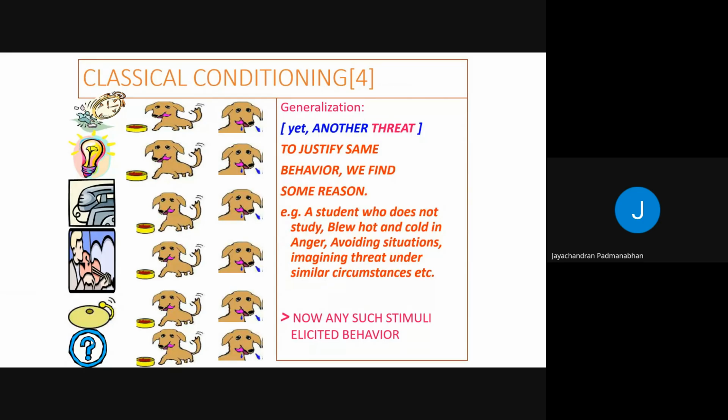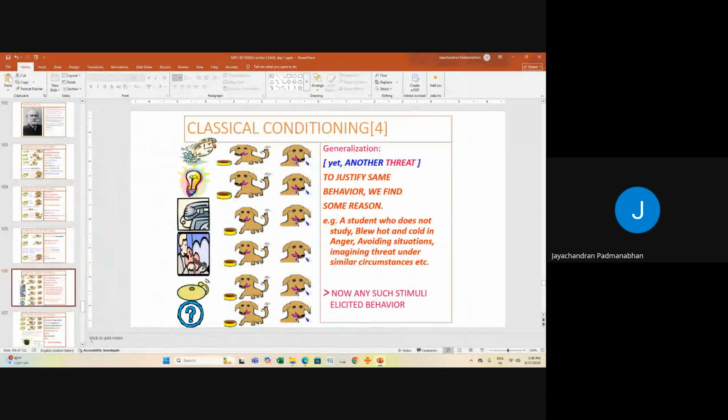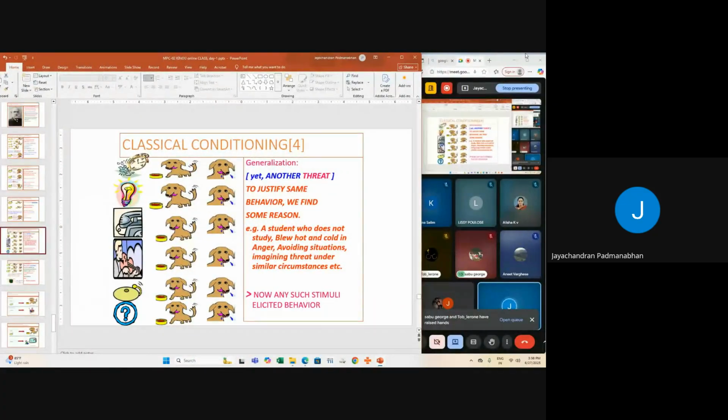For example, a student who doesn't study, blowing hot and cold in anger, avoiding situations, imagining a threat under similar circumstances, etc. Or a drunkard, an adult. You have to treat not only the child; you have to treat adults, adolescents, and grown-up people. The same thing happens.